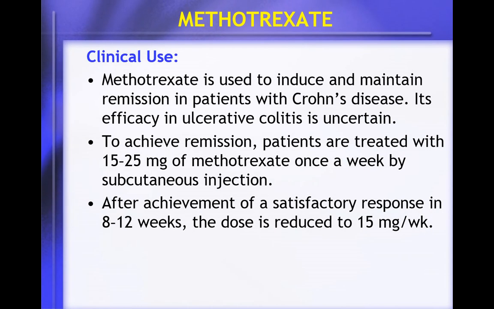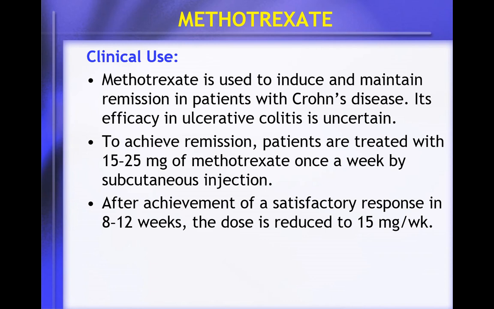Clinical uses of methotrexate. Definitely, we are here considering the drugs used for the treatment of inflammatory bowel disease. This drug methotrexate is used to induce and maintain recovery in patients with Crohn's disease. Its efficacy in ulcerative colitis is uncertain.